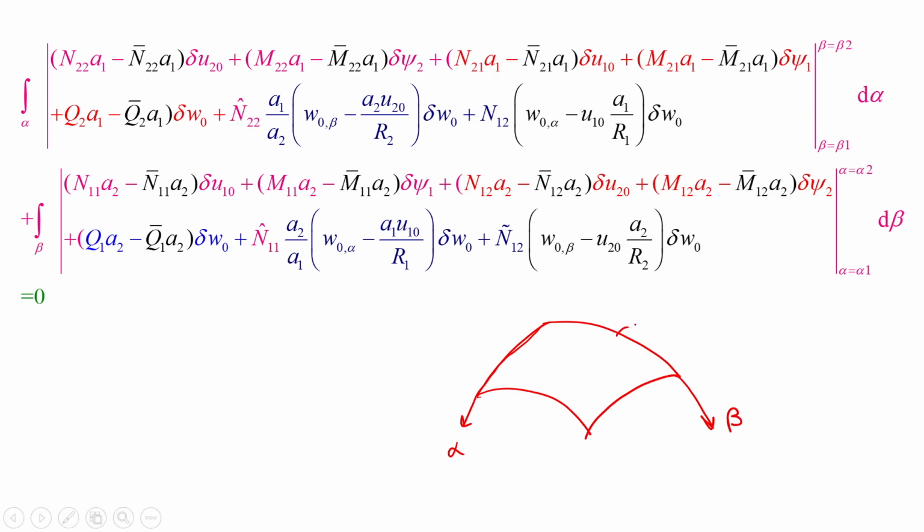So, let us say alpha is equal to alpha 1 and alpha is equal to alpha 2. So, this is the edge where alpha is constant. Over these edges these conditions will be satisfied, and on this edge, let us say, beta is equal to beta 1, beta is equal to beta 2.